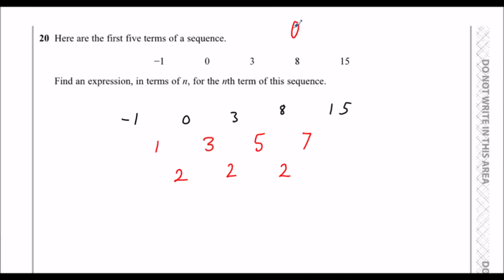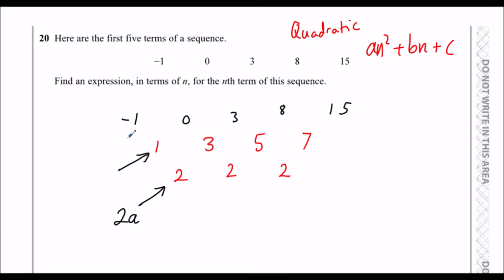So it's a quadratic sequence. And that's going to be in the form an squared plus bn plus c. I'm going to use the fact that I know that this number here, the second difference, is 2a. So 2 times the coefficient of n squared.